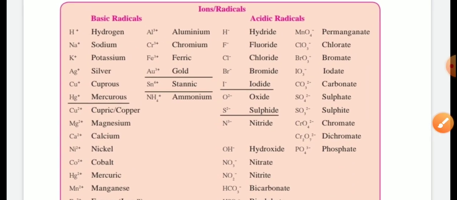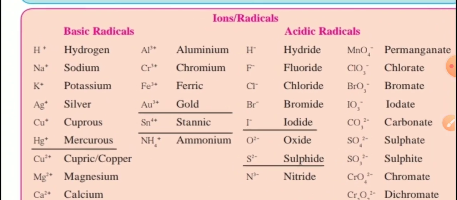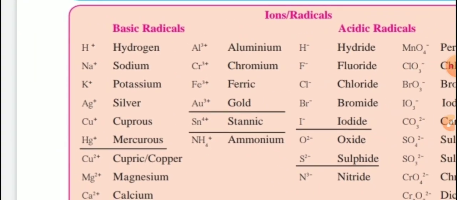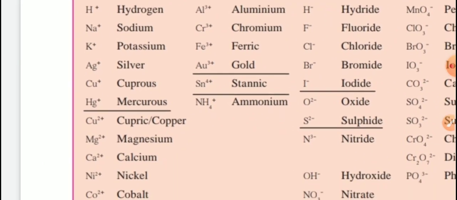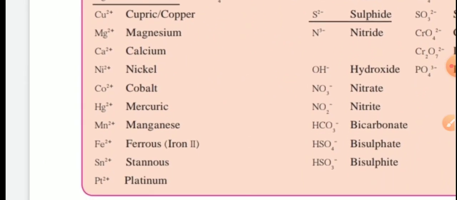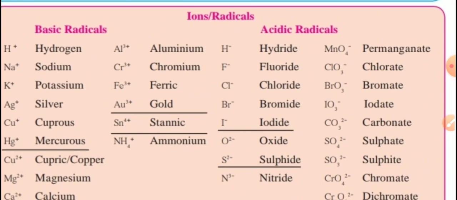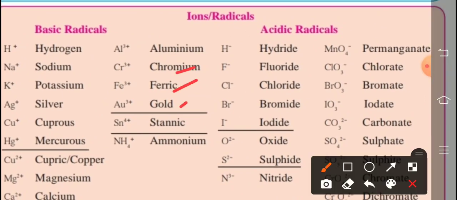So many radicals are given here. Basic radical means positive radicals, and acidic radical means negative radicals. Names given here: hydrogen, sodium, potassium, silver, cuprous, mercurous, cupric or copper, magnesium, calcium, nickel, cobalt, mercury, manganese, ferrous, meaning iron, which shows the valency 2, stannum, platinum, then aluminium, chromium, ferric, gold, stannic, and ammonium.